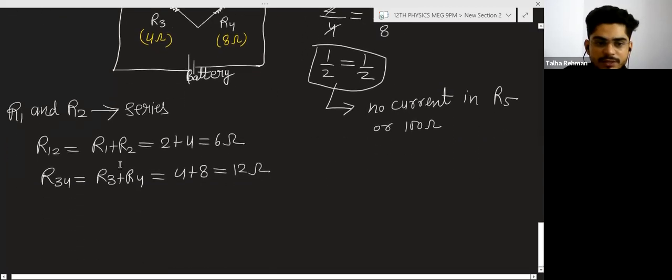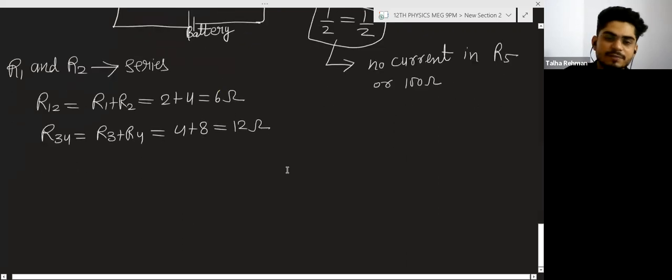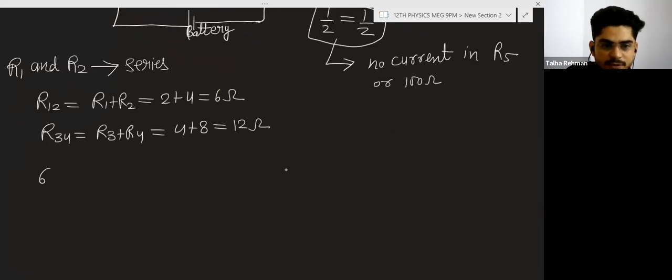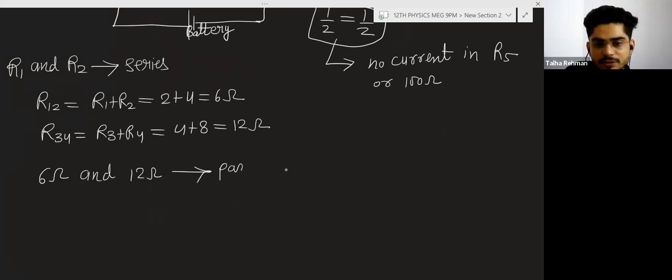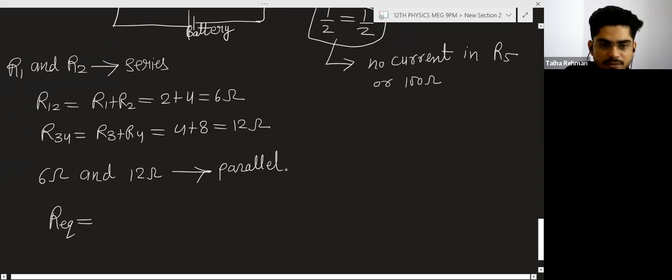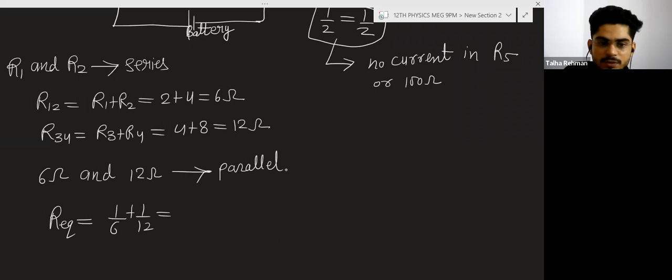Now R12 and R34 are connected in parallel, which means 6 ohm and 12 ohm are in parallel combination. So you can find the equivalent resistance: 1 upon 6 plus 1 upon 12. Take the LCM, 12.